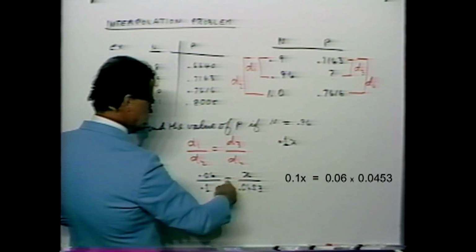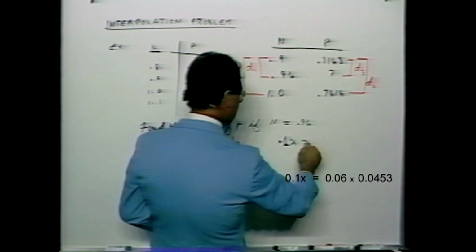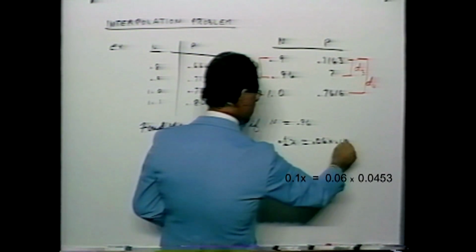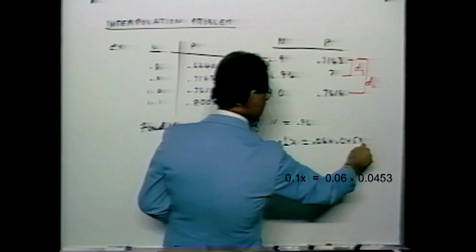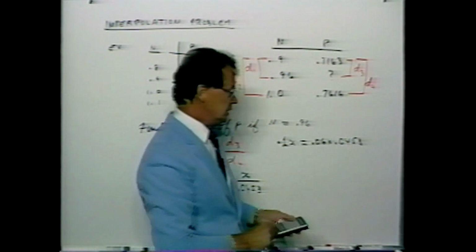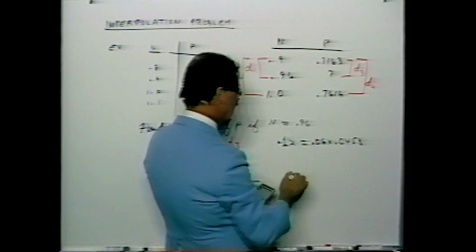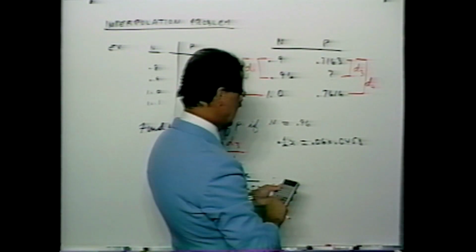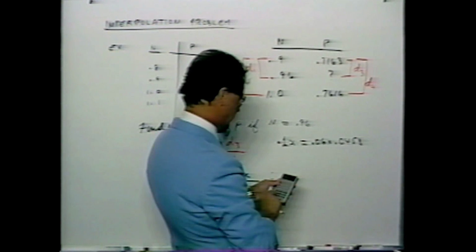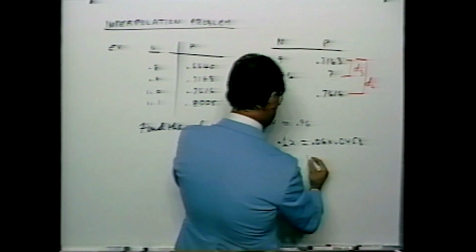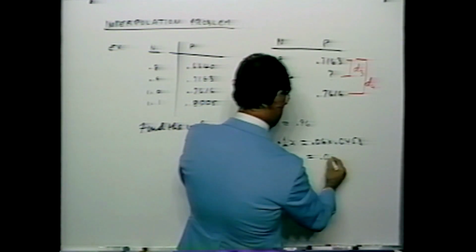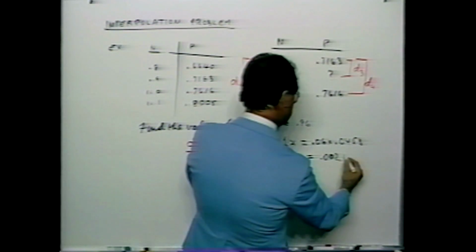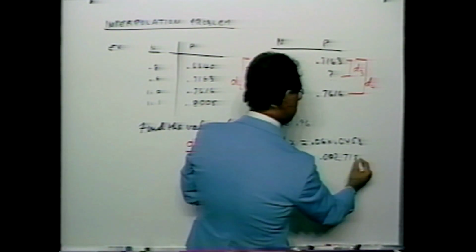0.1x over here equal to decimal 0.06 times decimal 0.0453. So using the calculator to work out the right-hand side, we have that 0.06 multiplied by 0.0453 is equal to 0.002718.